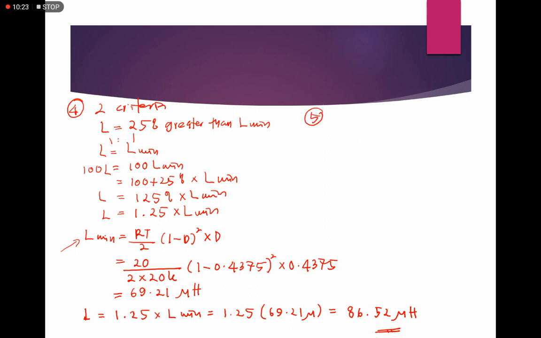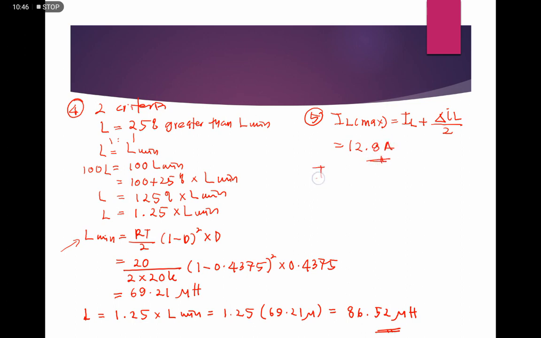So step number 5. From the equation of IL max, which is IL plus delta IL over 2, substitute the value, then you will get 12.8 ampere.